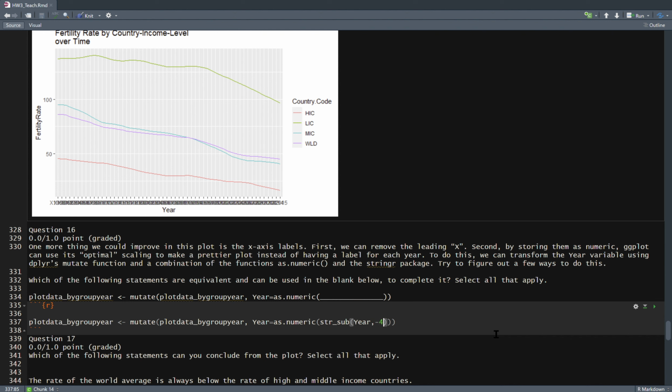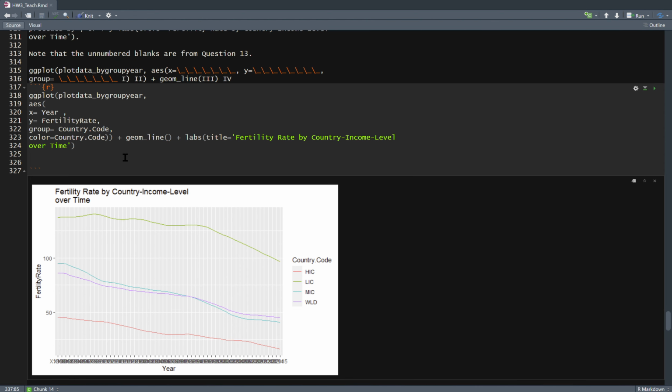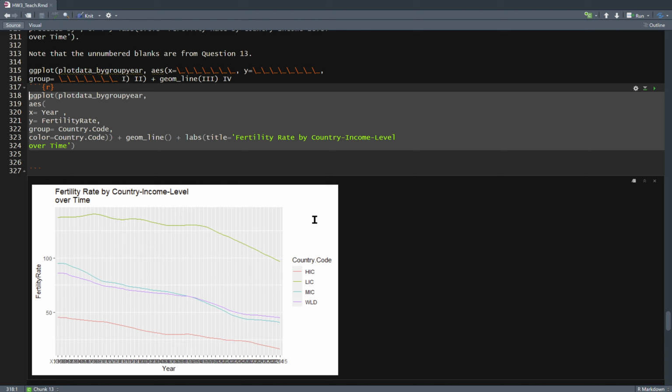Once we do this, the year, like 2001, 2002, which is a string, will be converted to a numeric form and then assigned to the column called year, and then we'll do a ggplot as we did earlier, and let's see how that works.